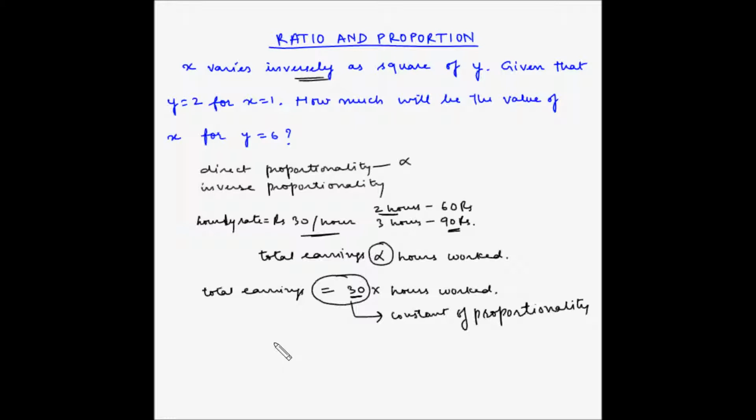So in general we can say that if y is proportional to x, then y is equal to k times x, where k is the constant of proportionality.